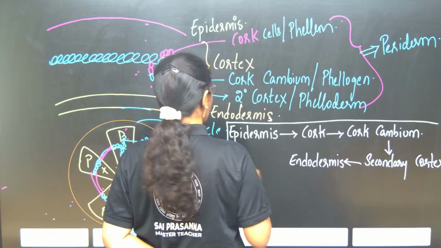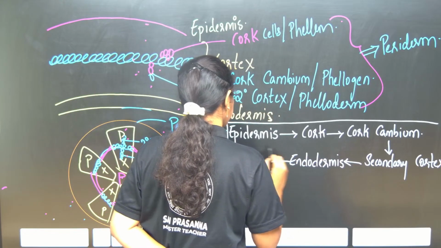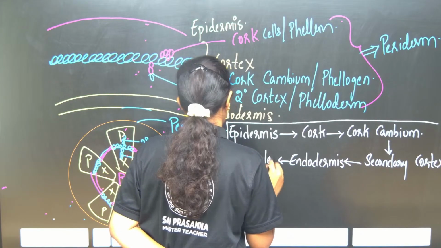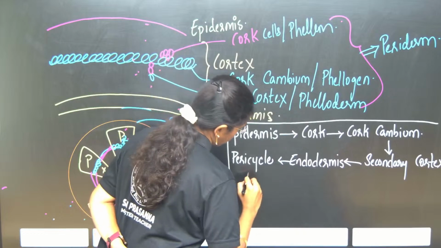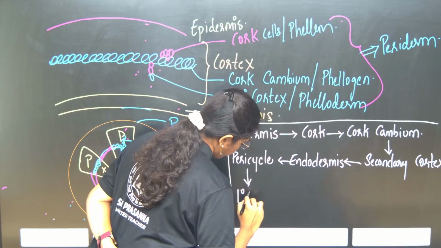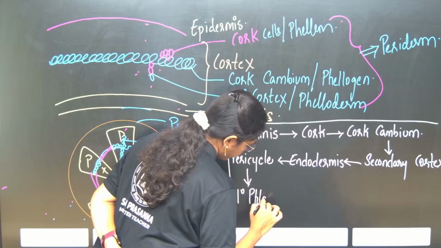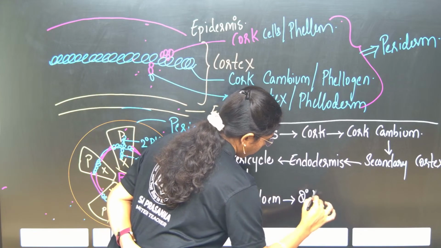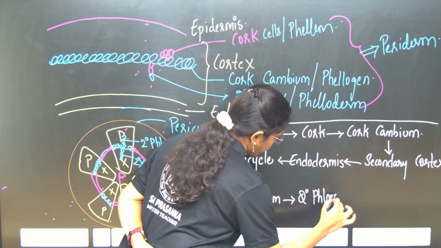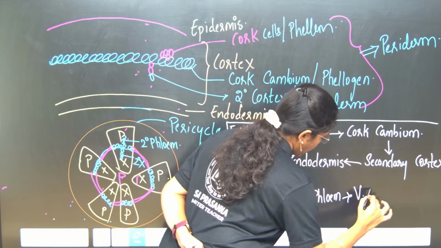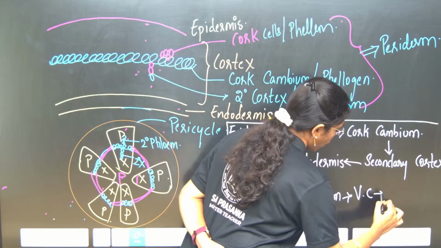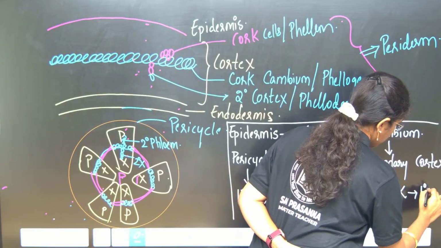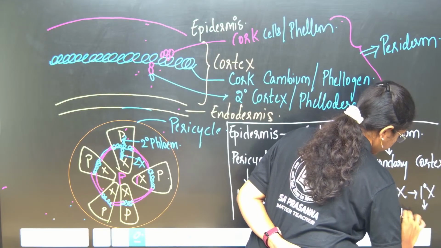Endodermis followed by pericycle, then primary phloem, secondary phloem, vascular cambium, followed by secondary xylem, primary xylem, pith.